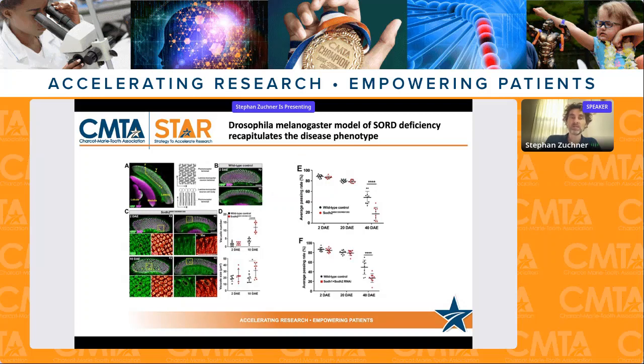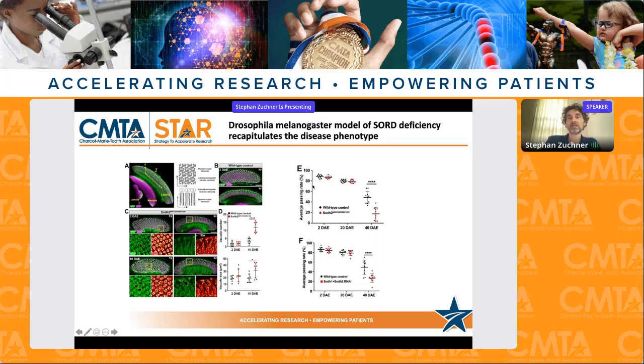When you simulate this disease in these flies, basically the nerves degenerate. The fly eye is a little different, as insects have different eyes than humans. And you can actually see the nerves in the fly eye right on the surface. And you see there are these holes here. So clearly these nerves are not happy, they are dying.